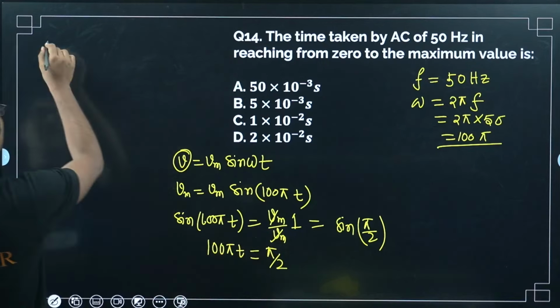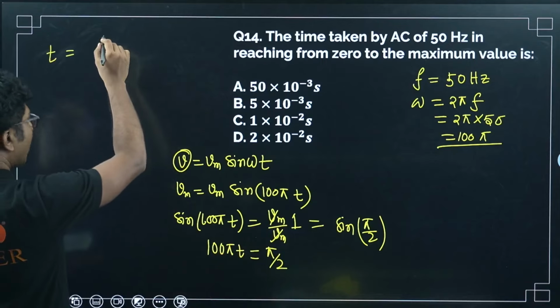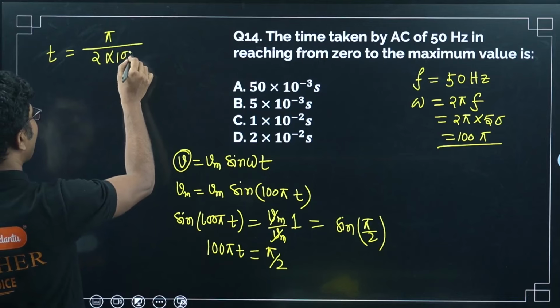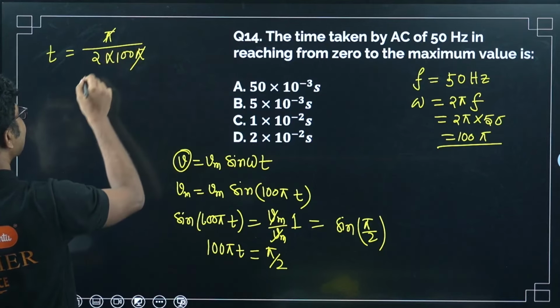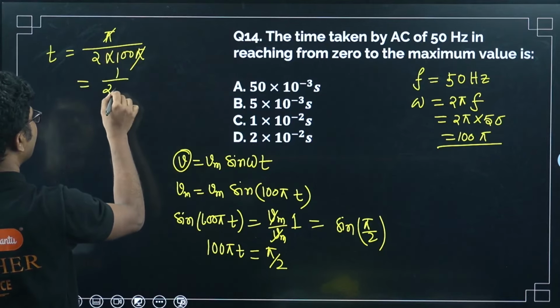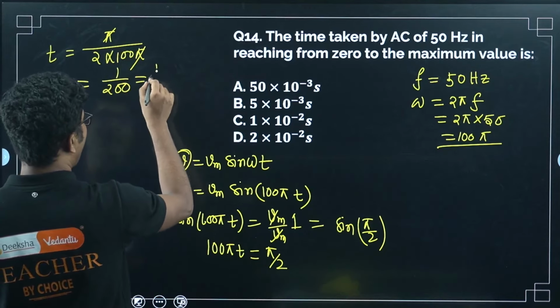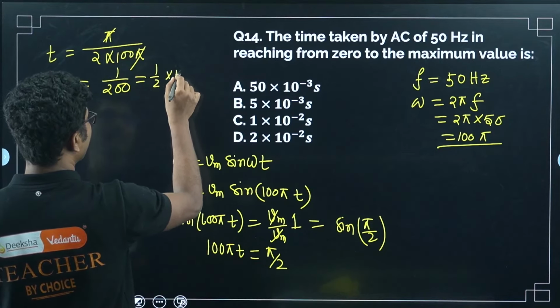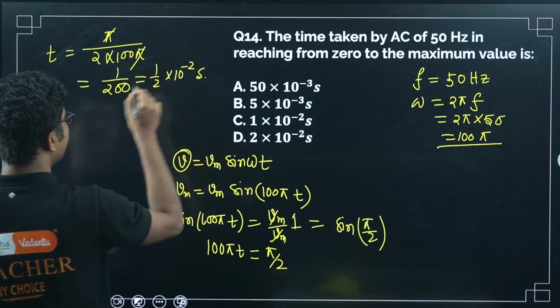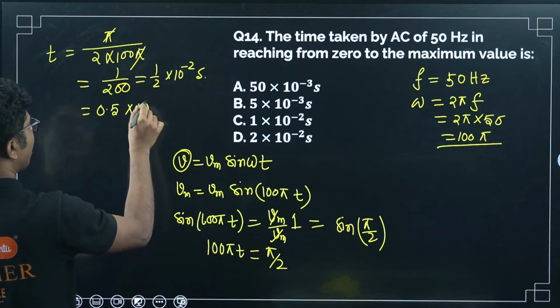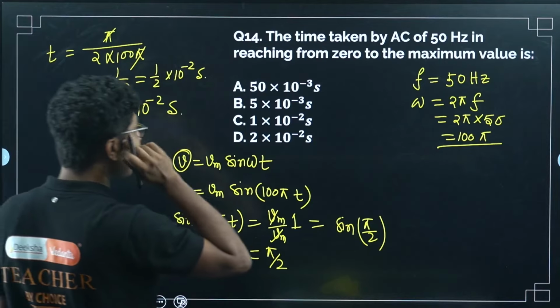So t equals pi by 2 times 100 pi. Pi cancels, so 1 by 200. So 1 by 200 means how much? Half times 10 to the power minus 2 second, or 0.5 times 10 to the power of minus 2 seconds.